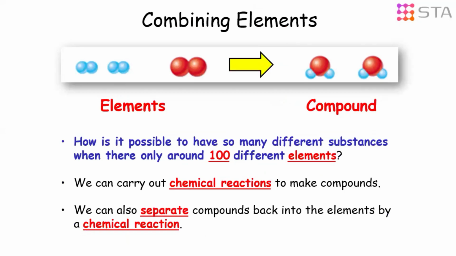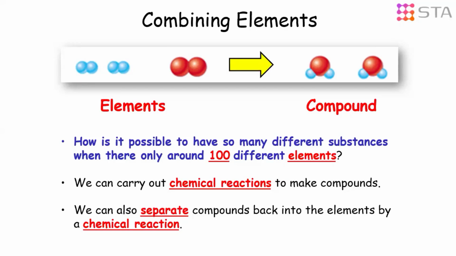Now, there's a really good question here. How is it possible to have so many different substances when there are only 100 different elements or 100 different types of atom? Now, we have millions of substances on our planet. And how can we make them when we only have 100 different types of atom?